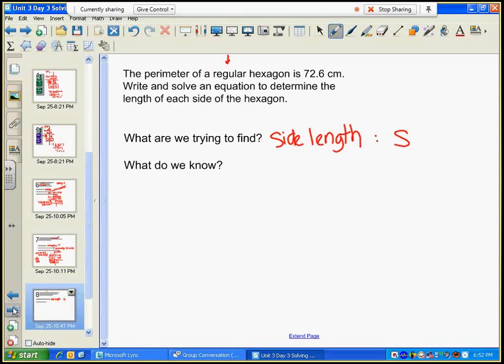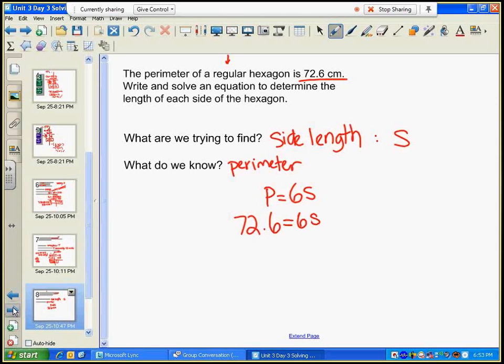What do we know? We know the perimeter, right? And I know that the perimeter is going to be equal to 6 times my side length. So I know my perimeter, and it's telling me my perimeter is 72.6. So 72.6 is equal to 6 times the side length.